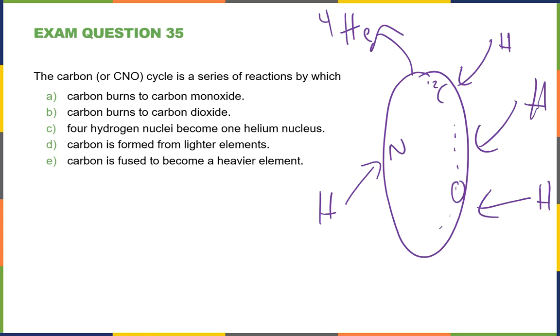It comes around and produces a helium-4 after 4 hydrogens have been absorbed in the cycle. Now with that picture, what is it?